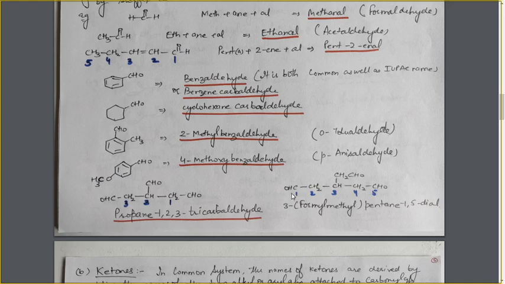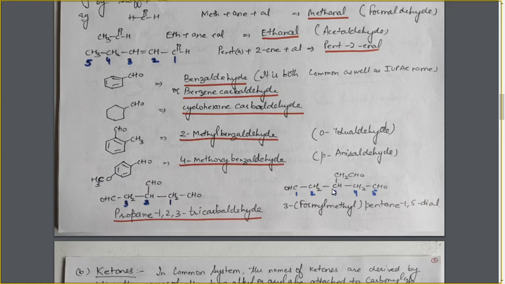So in this case, we can take this 5 carbon chain, or this chain as the main carbon chain, because all of them are of the same length. So there is a 5 carbon chain, and these 2 functional groups are taken as the main functional groups, and this functional group will be taken as the substituent.